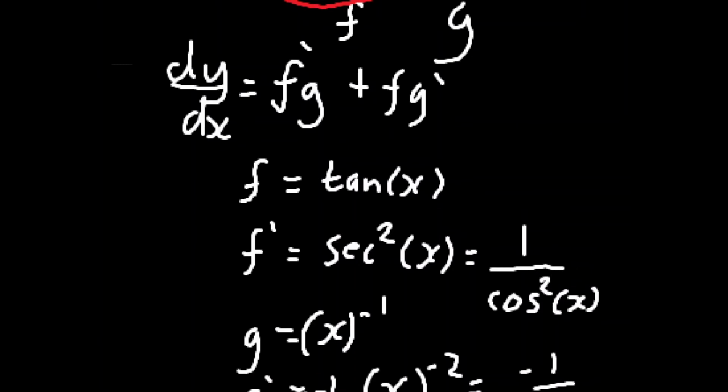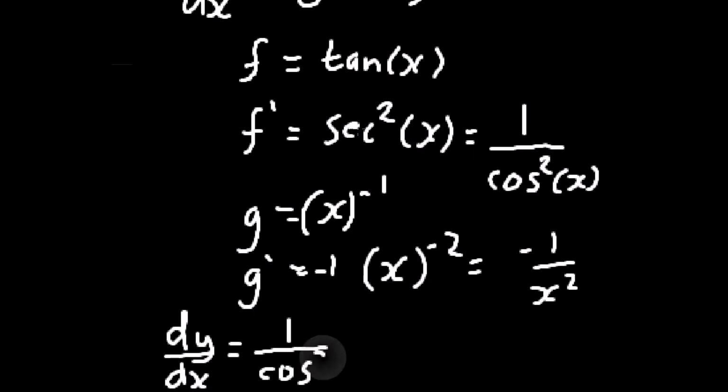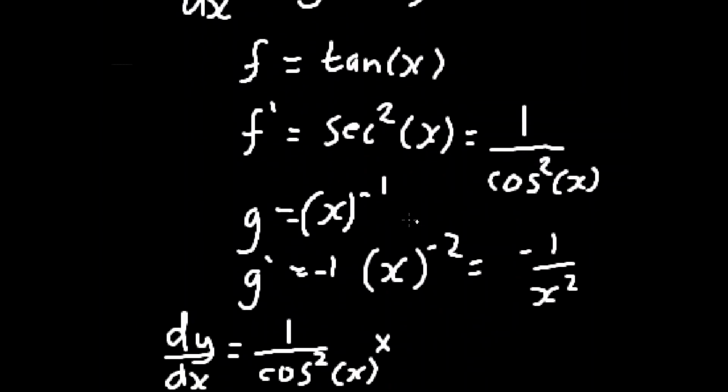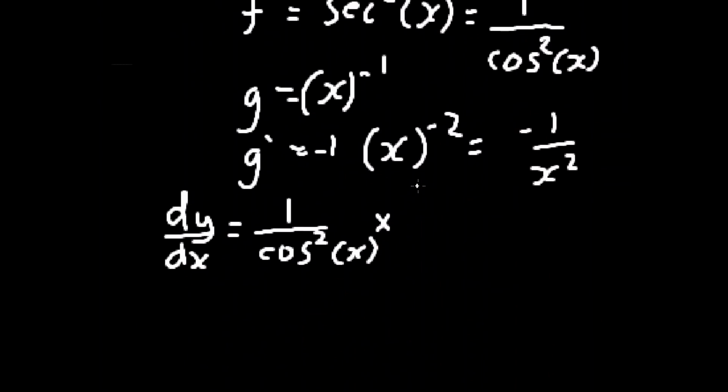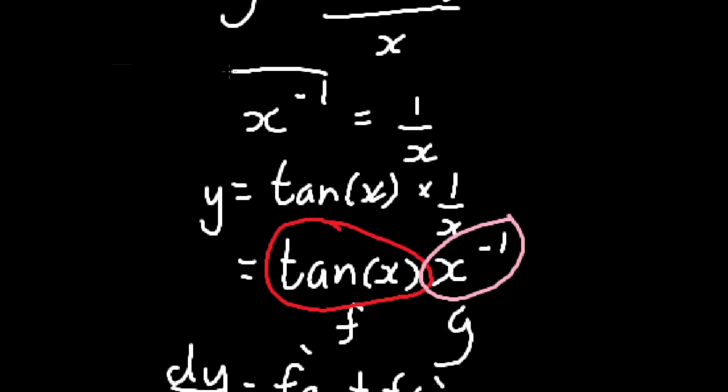So now it's going to look like a pretty horrendous function, but let's do it anyway. So dy dx is the differential of f, and that is that horrible 1 divided by cos squared, and we multiply it by g, which is this x to the -1, that's like saying just 1 divided by x, remember, all the way back up at the original part of the question here.